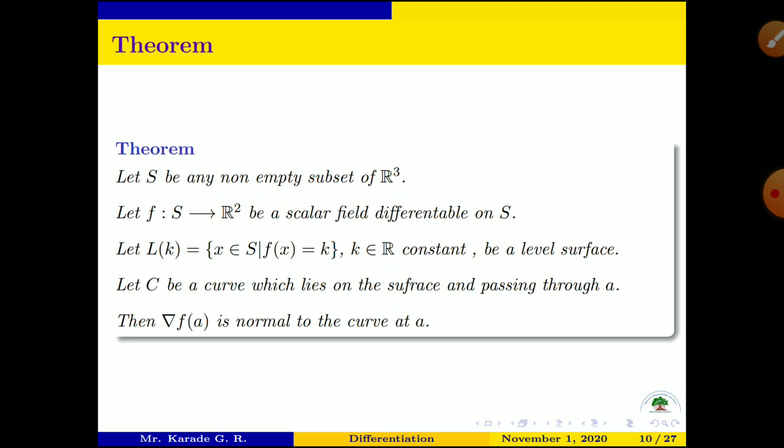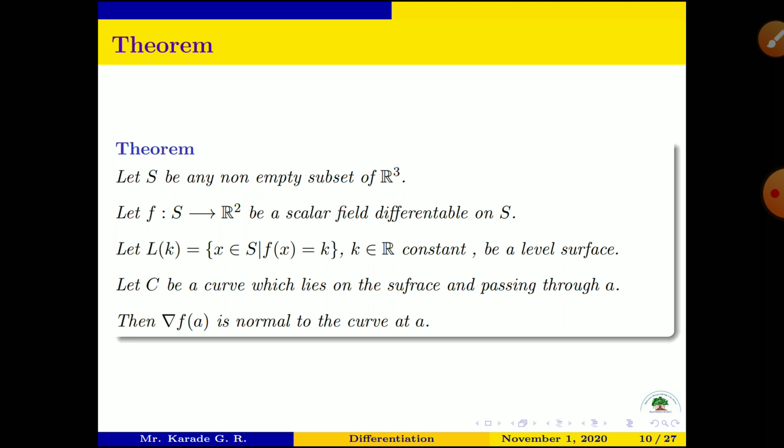It is also a very easy concept: finding a normal to the given curve on a given surface at a given point. Normal means a perpendicular vector to the given surface at a given point.